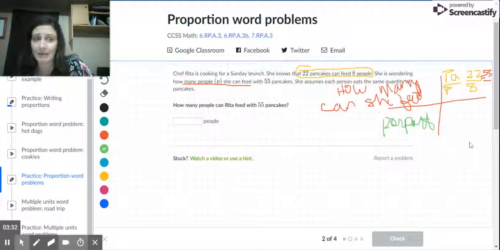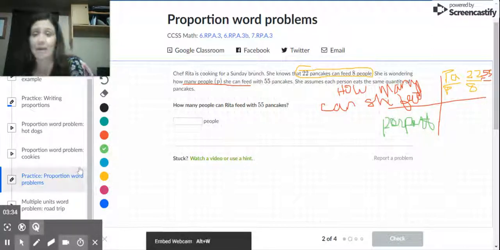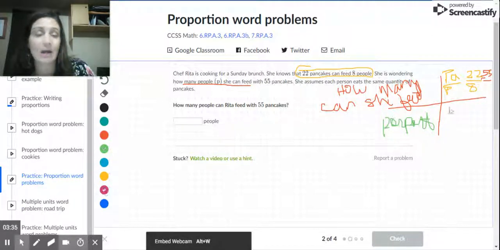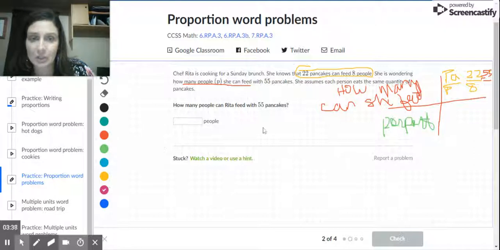And I'm not going to try and write in this little bitty space because y'all can see I can't write with this thing at all. So we're just going to set it up. So pancakes over people. I know that 22 pancakes will feed 8 people.